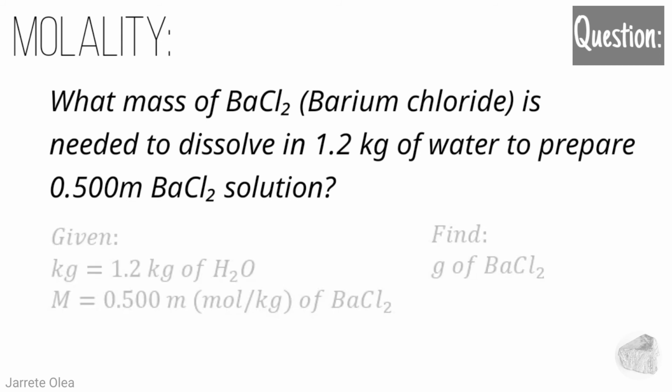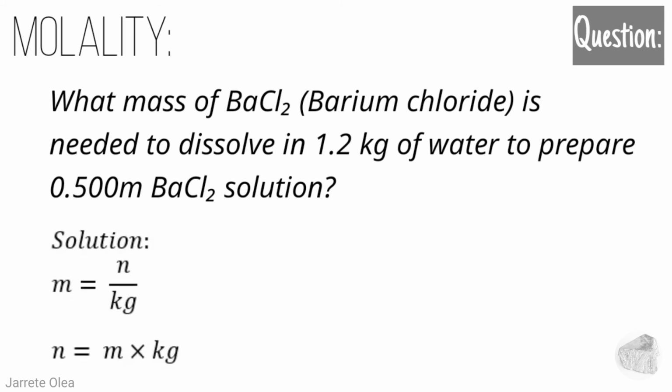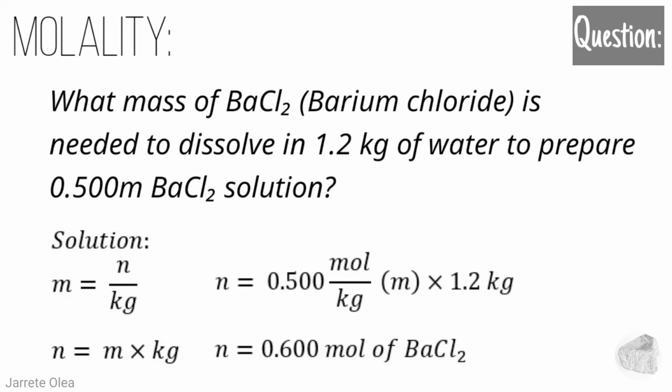Deriving from our formula as n equals kilograms times molality, we substitute 1.2 kilograms multiplied by 0.500 moles per kilogram, where we cancel out the kilograms, leaving behind moles as our unit. Thus, we get 0.600 moles of barium chloride.